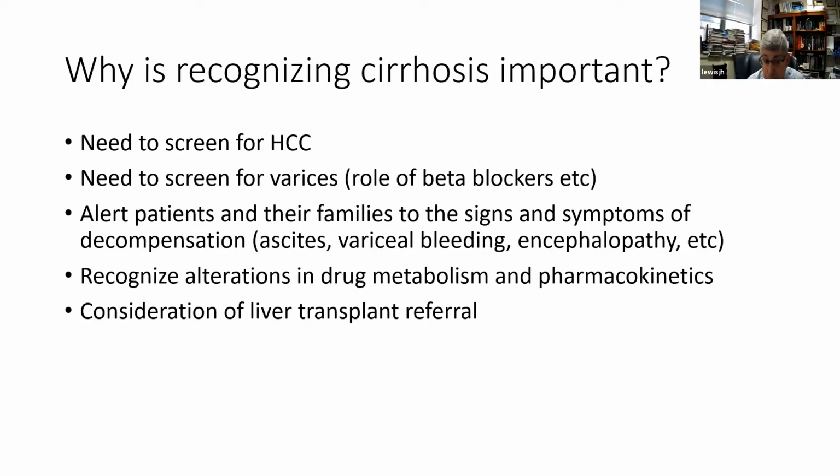And obviously the most important: if they have advanced fibrosis or early cirrhosis enough that they've got a MELD score above 15 or so, we should consider transplant evaluation or referral, depending on which hospital you are.